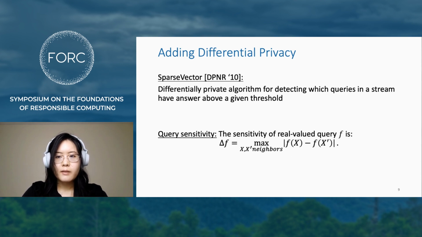The query sensitivity is defined as the maximum amount of change of the query value on two neighboring databases that differ in only a single entry. This sensitivity determines the scale of noise that must be added to preserve privacy. And for us, the query would be p-values.